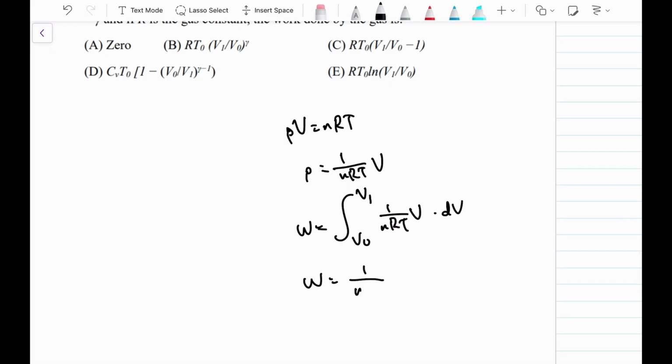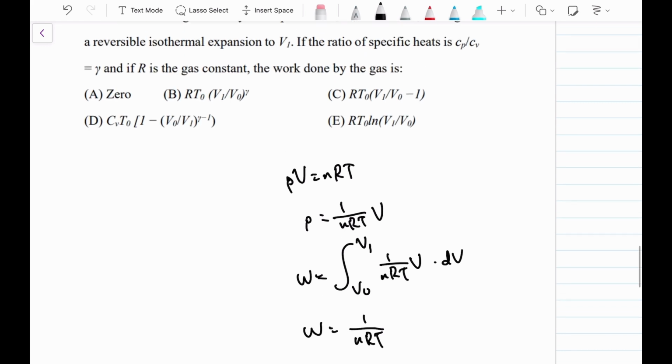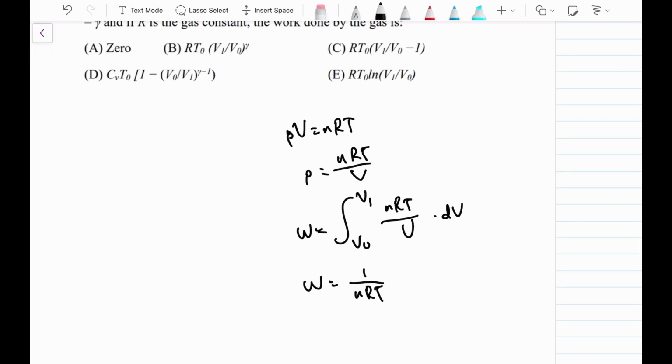We can factor out the constant, and then what's left will be, oh wait, I got this the other way around. Okay, that's the other way around. I don't know why I did this. Okay. nRT over V, and then nRT.